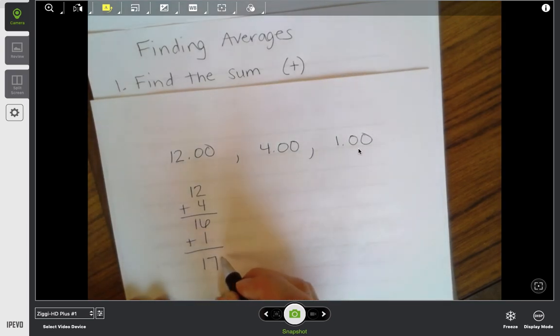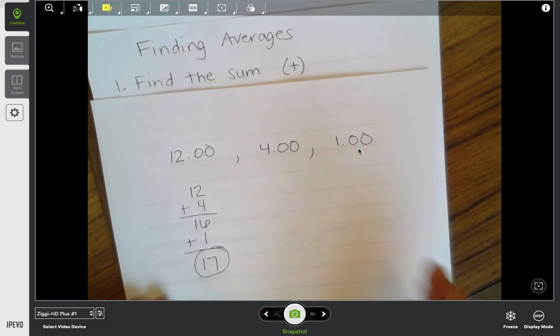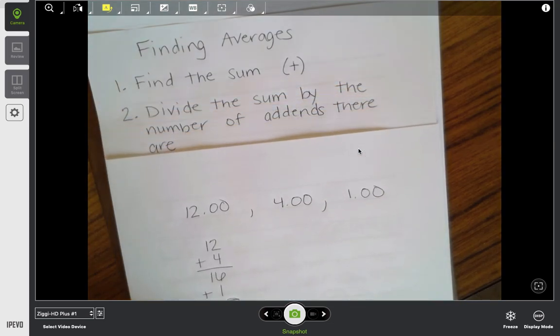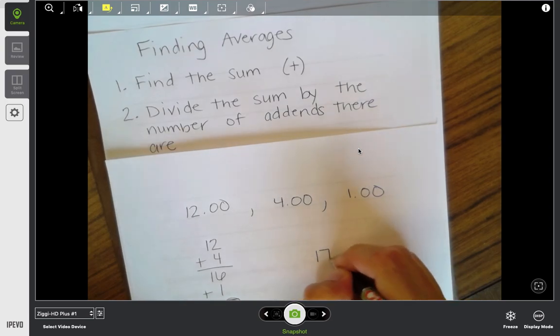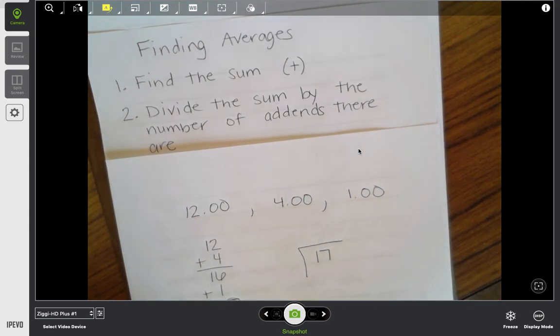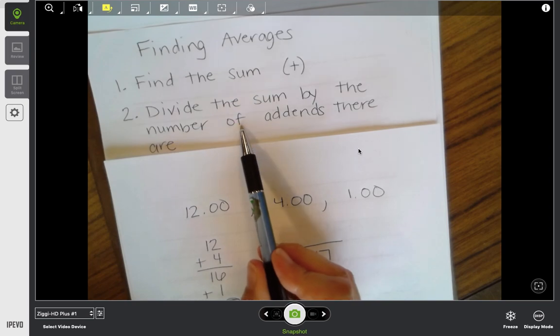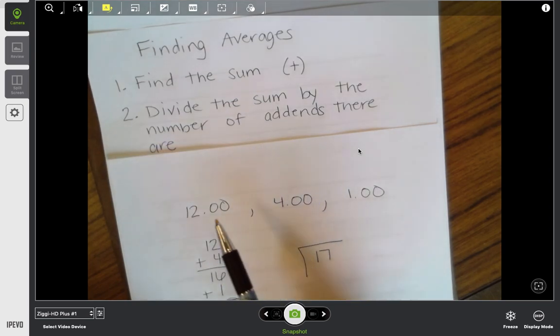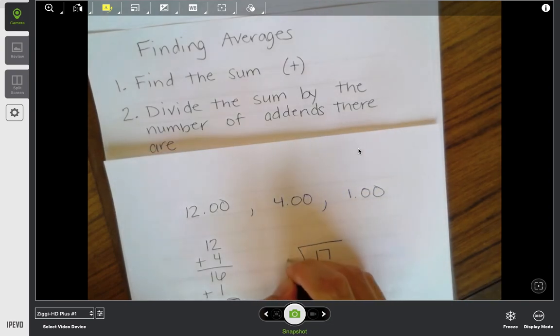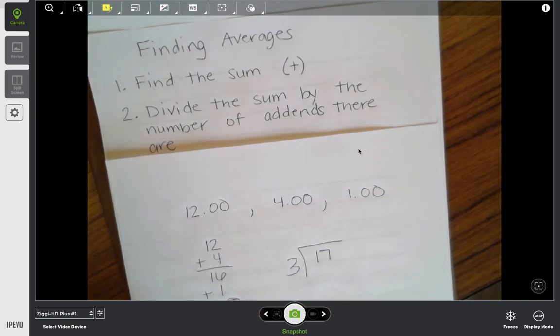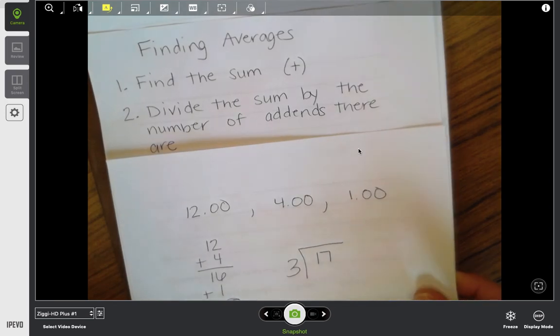Then, now that I have my sum, step number 2 says I'm going to divide the sum, which was 17, by the number of add-ins that there are. I had 1, 2, 3 add-ins. So I'm going to divide 17 by 3.